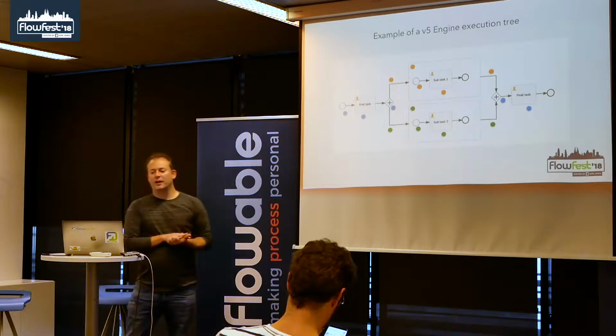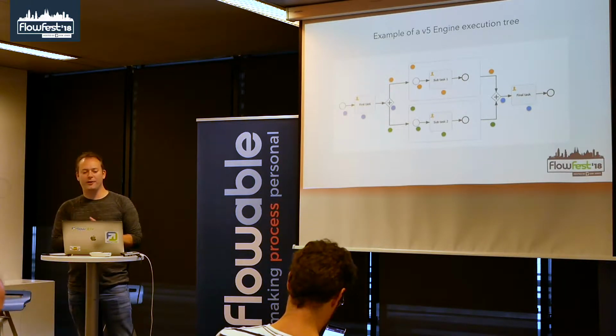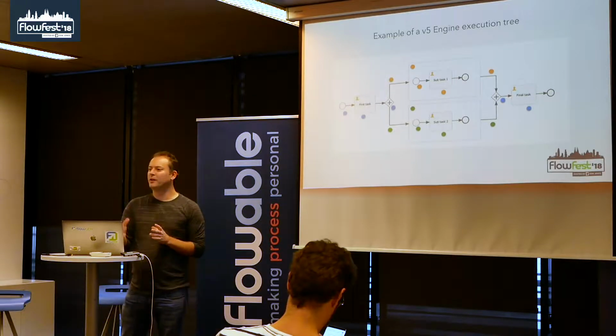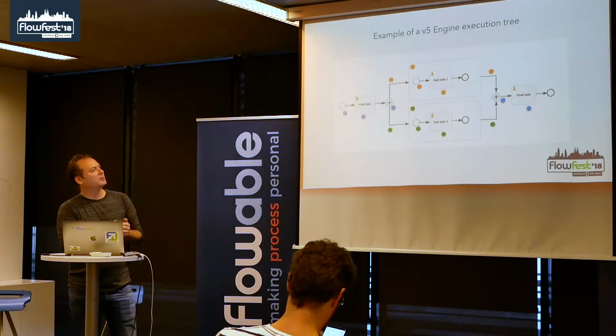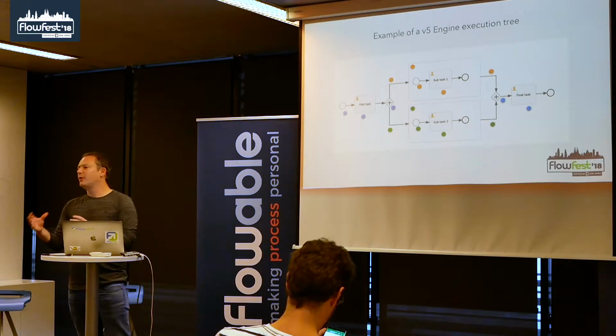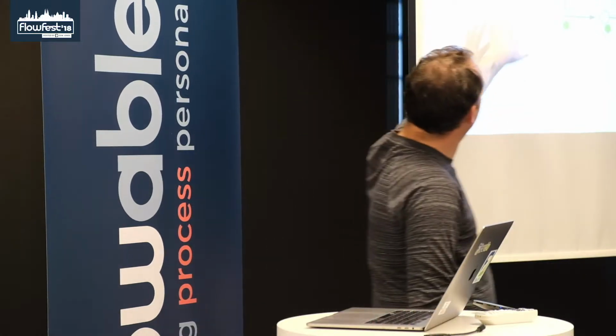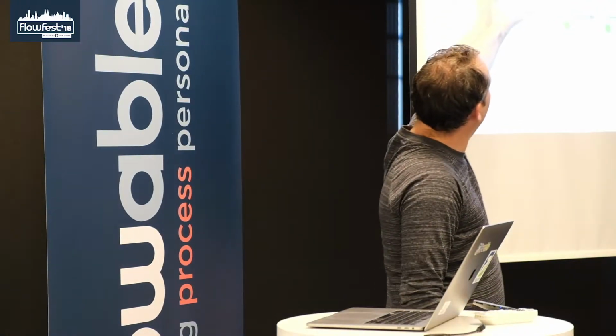Just taking a step back, let's look at an example of how a V5 engine execution tree looks, with some colored circles representing executions, and then how this same process instance looks within the V6 engine. As you can see, we start here with a blue execution. So basically a process instance execution is created, but that process instance execution is also used to go through the first steps in the process.